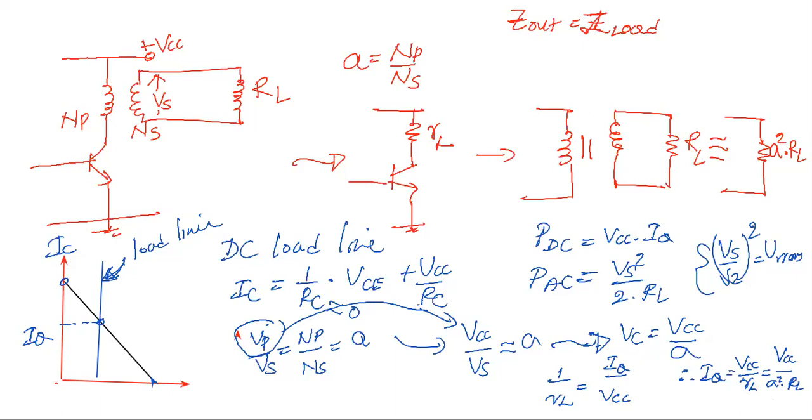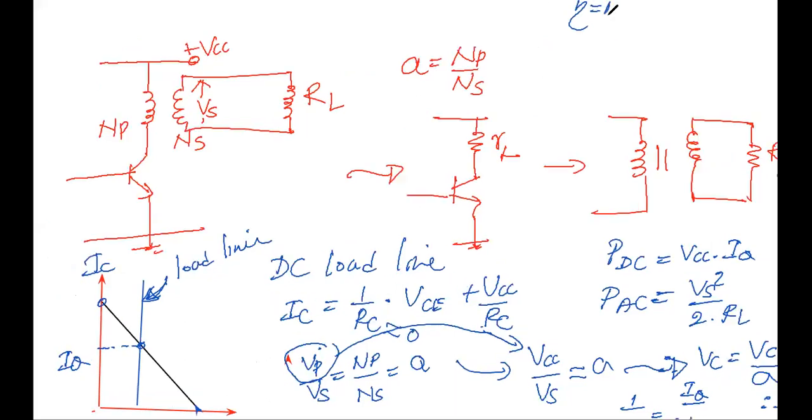Now I will try to find the relationship for eta. Eta you can write down as P out divided by PDC.